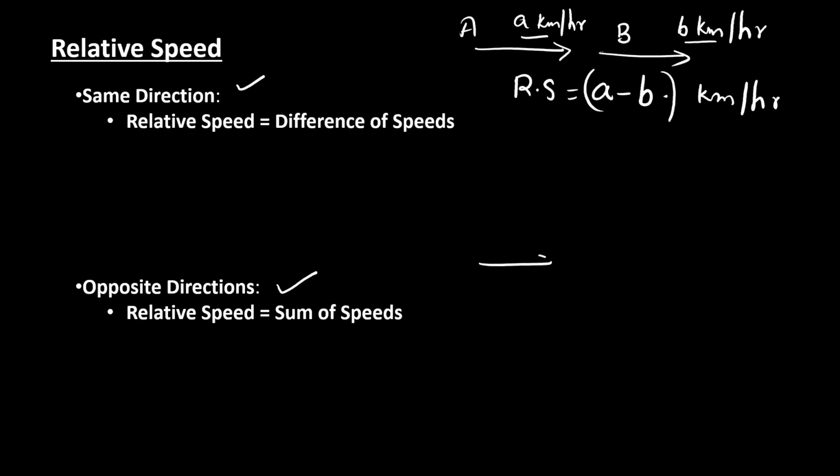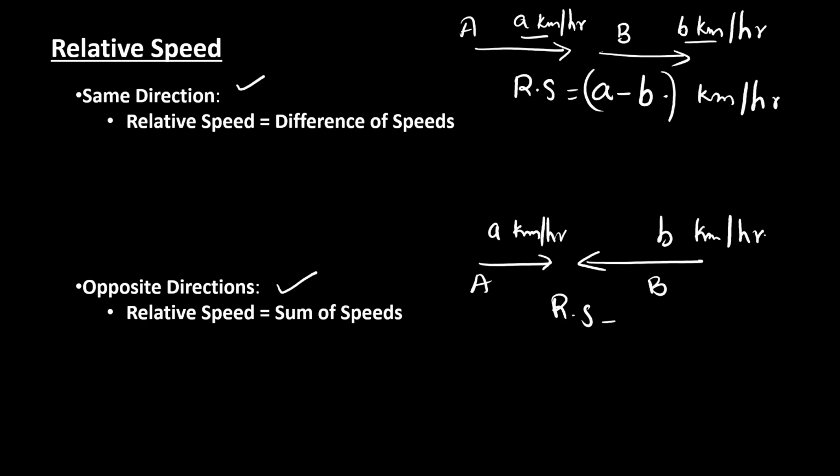And if they are traveling in opposite directions, then the relative speed will be the sum of their speeds, that is A plus B kilometer per hour. This is the relative speed.